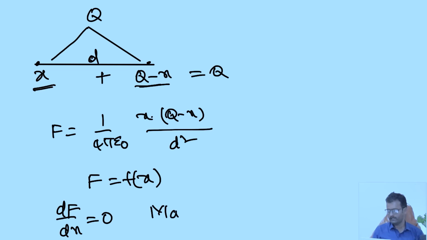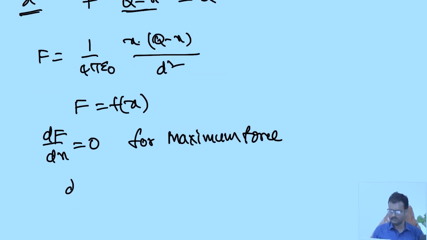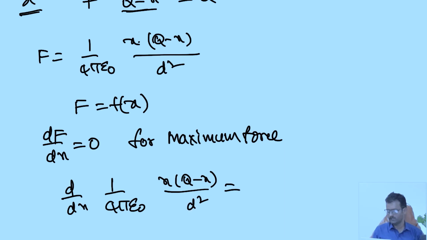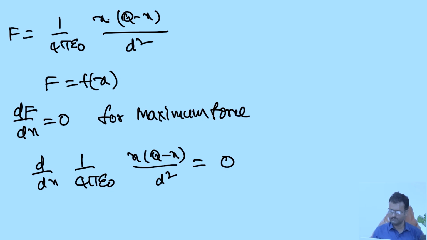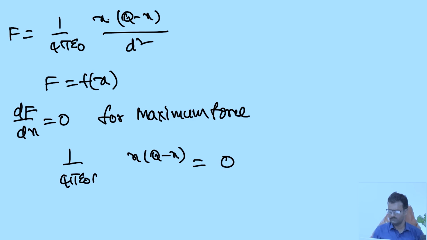So for the maximum force, d by dx of 1 by 4 pi epsilon naught, x into Q minus x by d square, is 0. See here, 1 by 4 pi epsilon naught d square is a constant term, so it is 1 by 4 pi epsilon naught d square into d by dx.